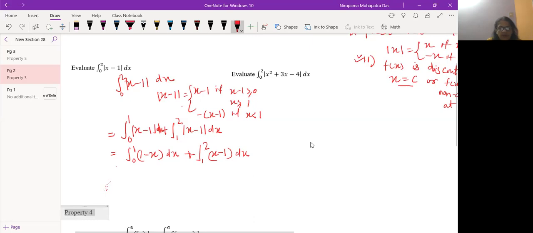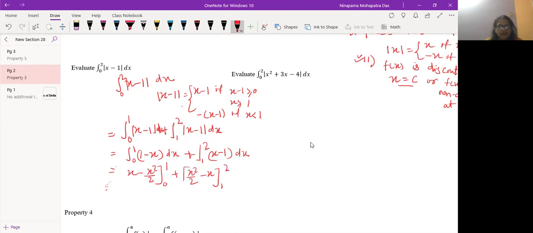Okay, so now continuing this: the integral of 1 minus x dx gives x minus x square by 2, from 0 to 1, plus x square by 2 minus x, from 1 to 2.